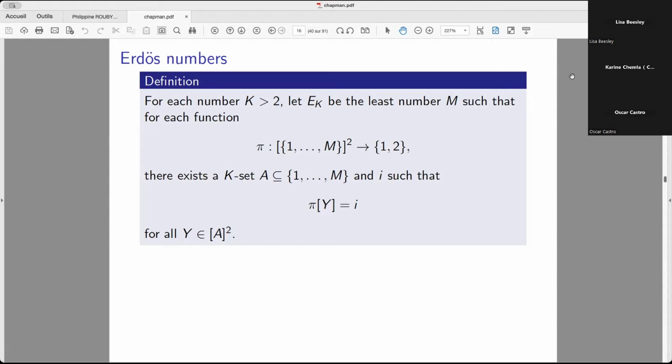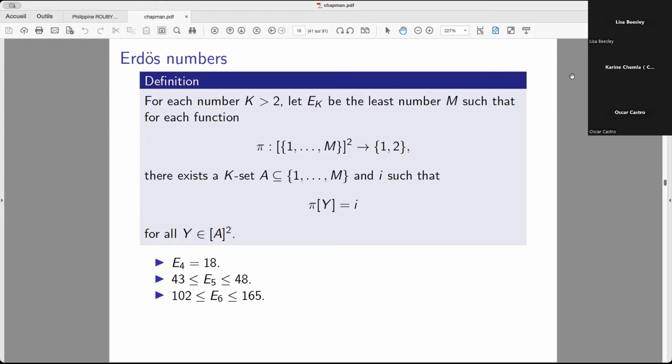So you can try to calculate these numbers. E4 is 18. E5 is greater than or equal to 43 and less than or equal to 48. E6 is somewhere between 102 and 165.